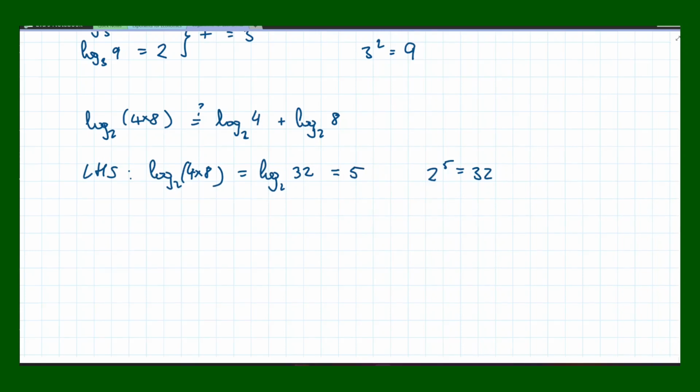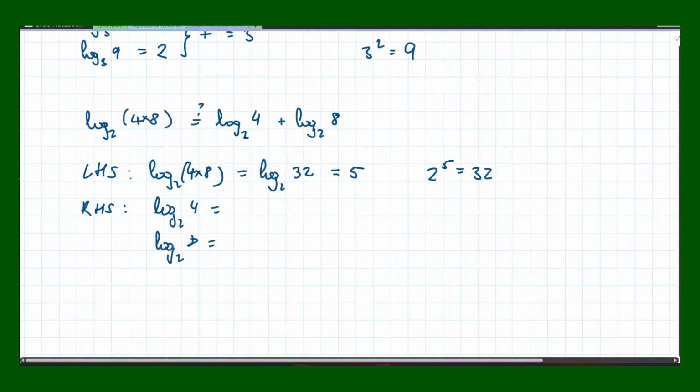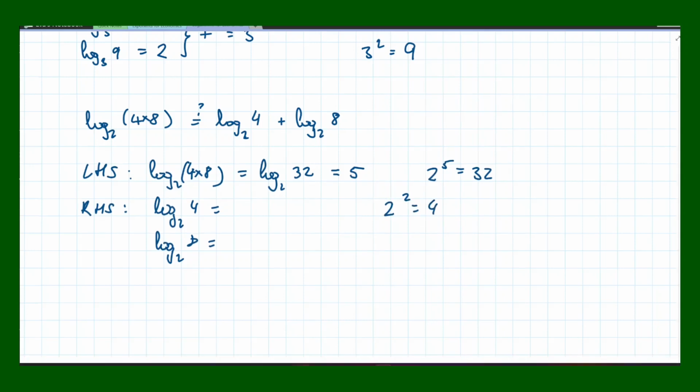Remember, log is the exponent. It's the power to which I need to raise the base so I get the argument. So that's the left-hand side. Let's look at the right-hand side. I have a sum of log base 2 of 4 and log base 2 of 8. I know that 2 squared gives me 4, which means that log base 2 of 4 has to be equal to 2.